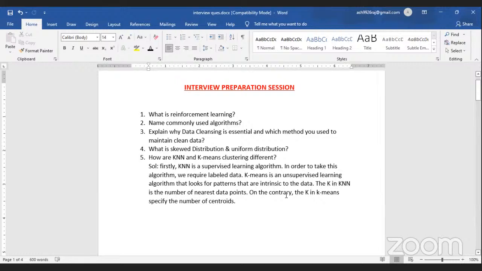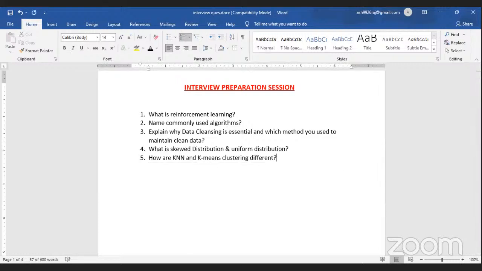And on the contrary, the K in K means specifies the number of centroids. Now, move to our next question. Explain ROC graph.